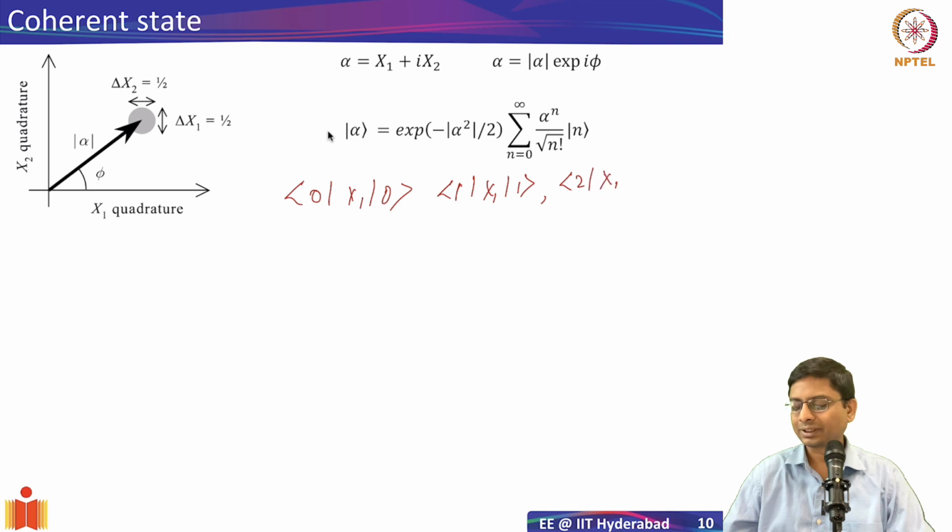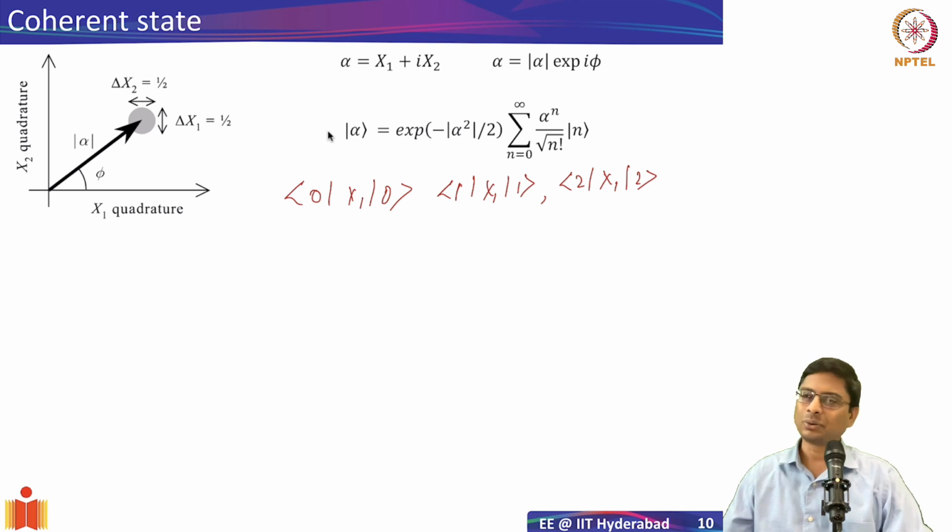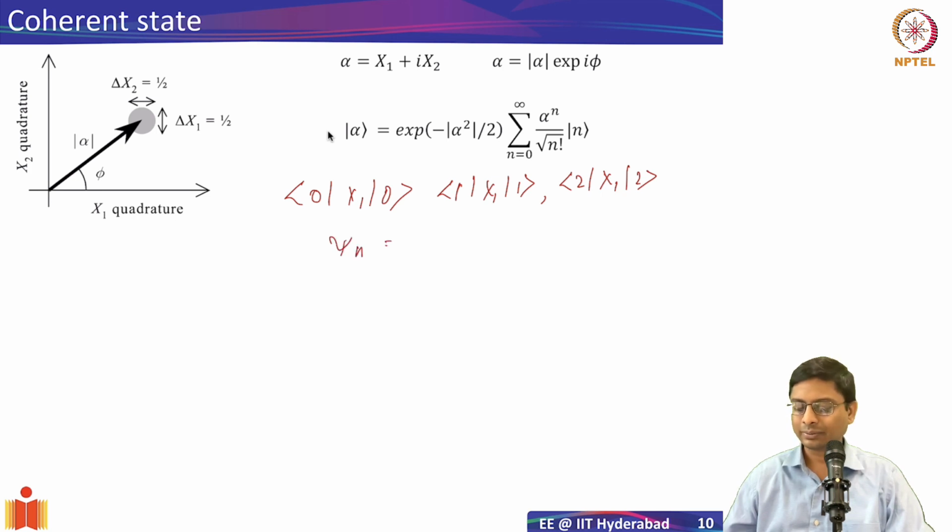So basically, I'm taking these 3 number states and I'm getting my expectations to be 0. Now I'll say, no, I won't do this. I will construct a superposition in such a way that psi n is going to be equal to C0 times number state 0 plus C1 times number state 1 plus C2 times number state 2. Well, you get the drift.